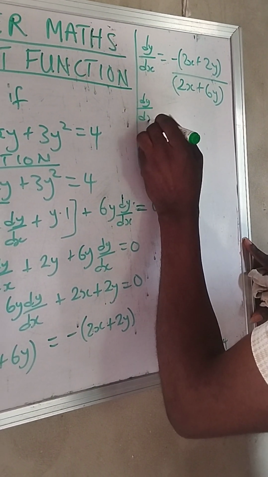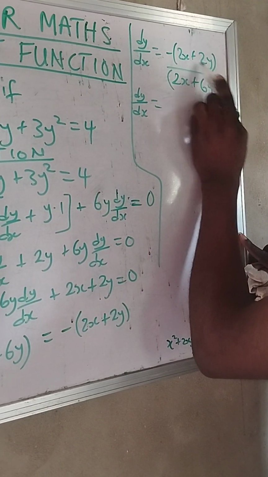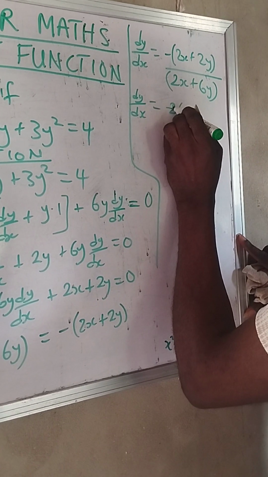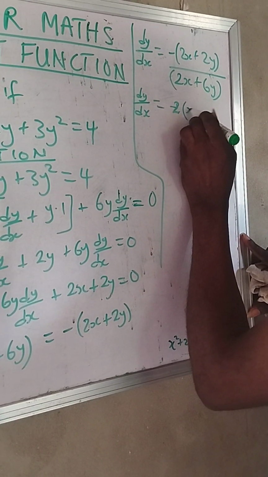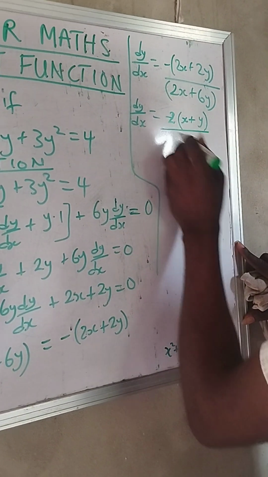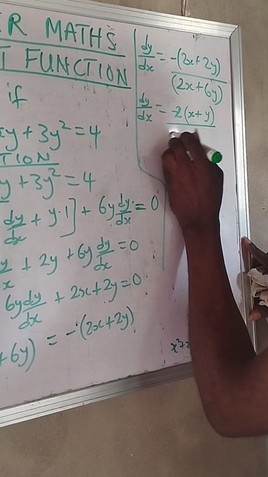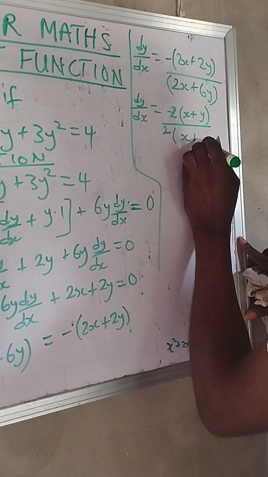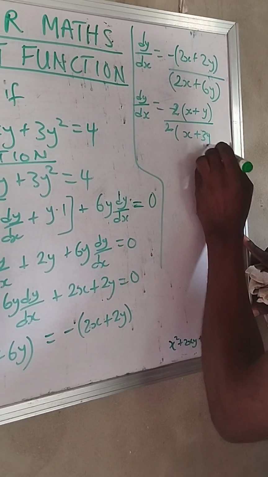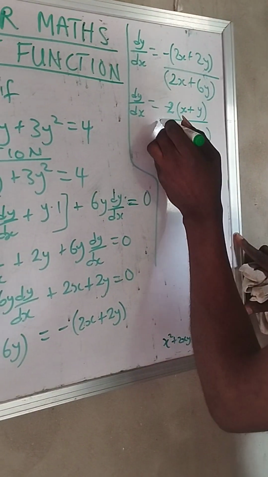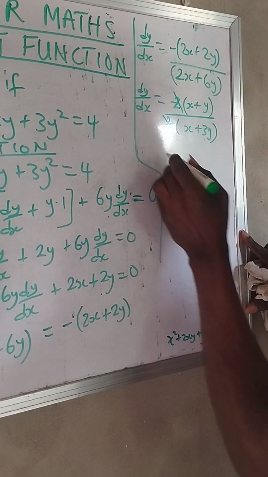dy over dx is equal to, what is common? 2 is common here. If you bring out minus 2, you're going to have x plus y over, if you bring out 2 again, you're going to have x plus 3y for this denominator. So 2 cancels 2.